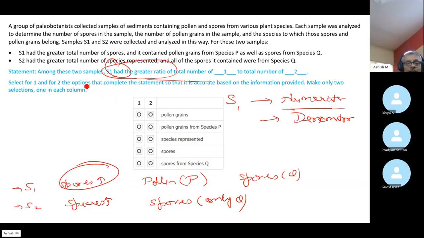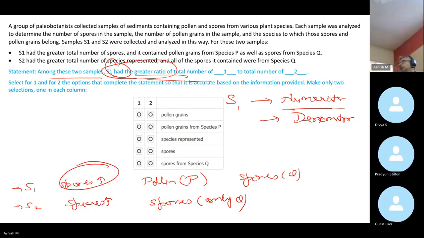Notice, among the two samples, which one are we 100% sure that the ratio for S1 would be greater than the ratio for S2? When will the ratio be more? If the numerator is more and the denominator is less, then we are 100% sure that for S1 this ratio will be more. Spores are more, and what is less?